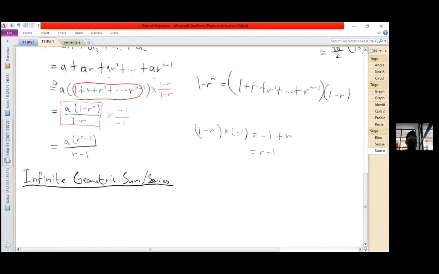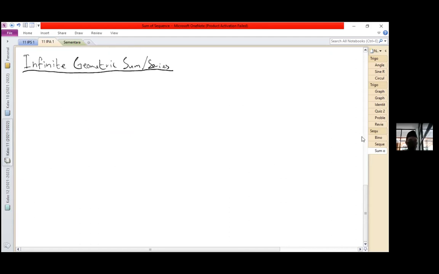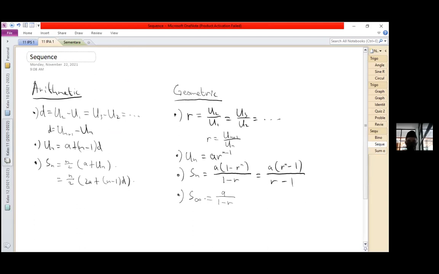Okay, I gave you the formula. So for an infinite geometric sum, you will have S infinity, or sometimes we just write it down as S. So S equals A over 1 minus R.